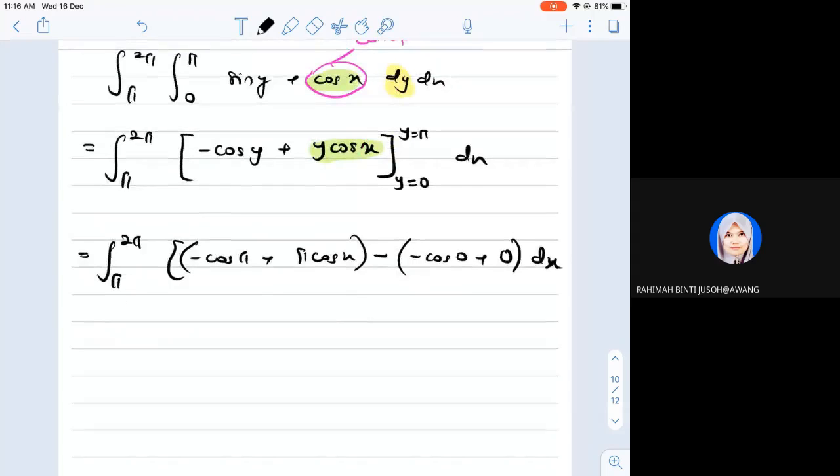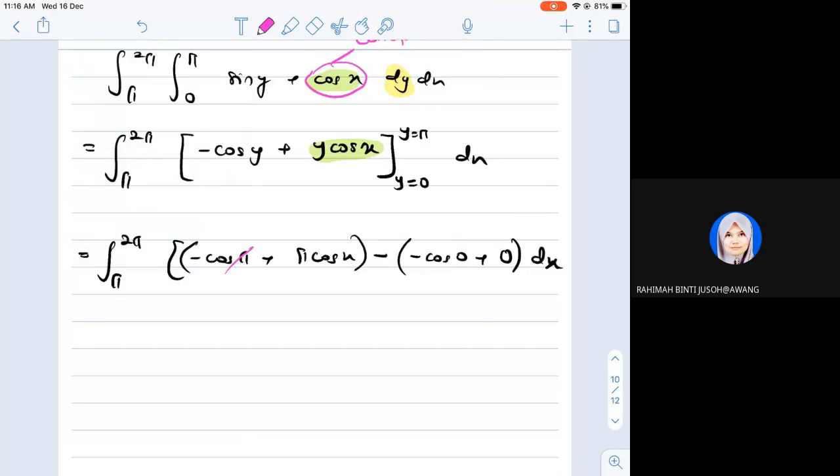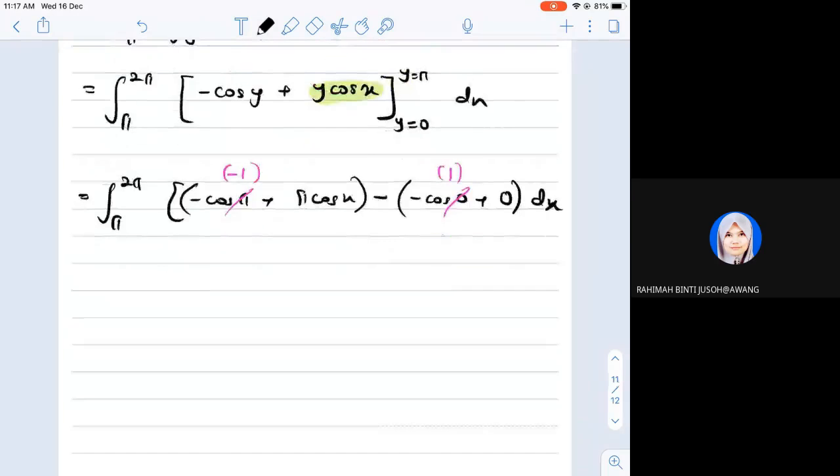Guys, if you don't understand, ask me directly in this video, in this class, don't keep it to yourself. If you don't understand, ask directly because I want you to really understand this concept of double integration. So cos pi is negative 1. Cos 0 is 1. So substitute the limit, from pi until 2 pi. We will have negative negative 1, so positive 1, plus pi cos x, minus negative 1 plus 0, dx.